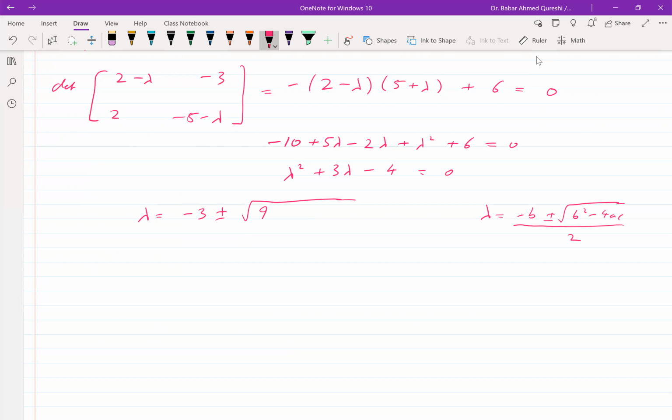B is 9, minus 9 plus 4, A is 1, C is 4, over 2.